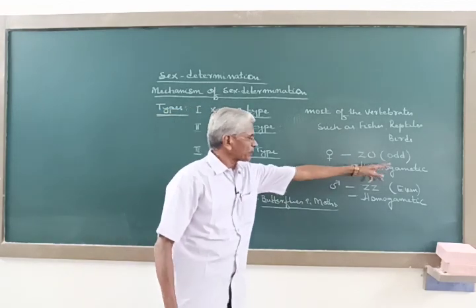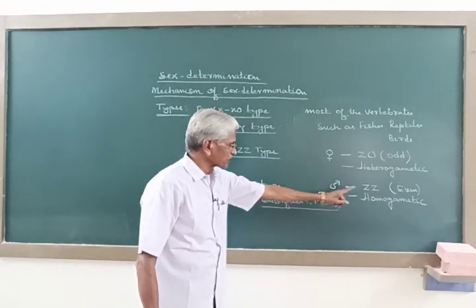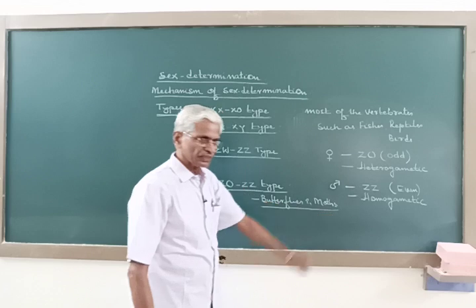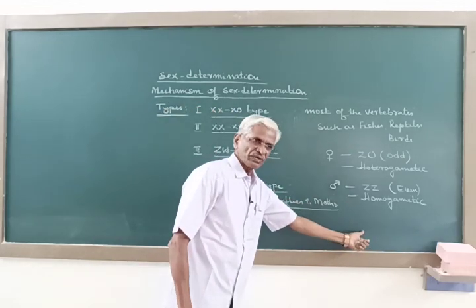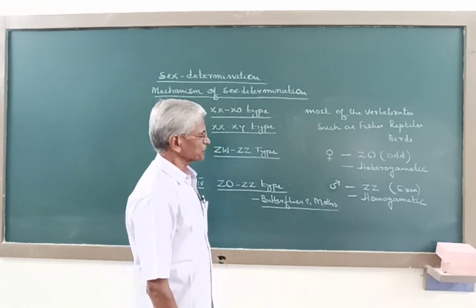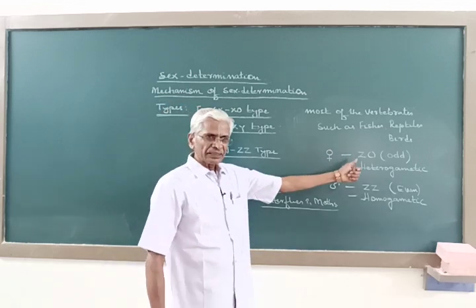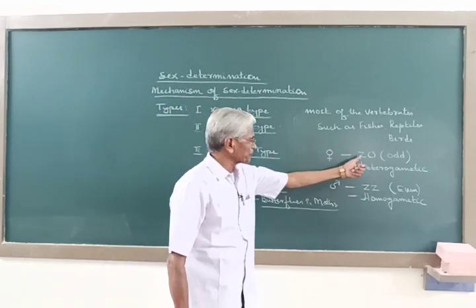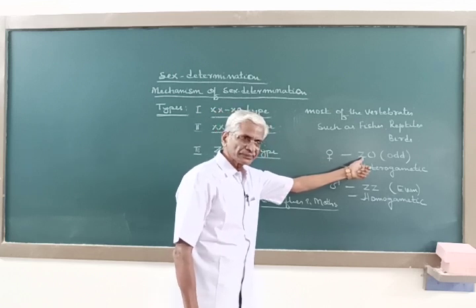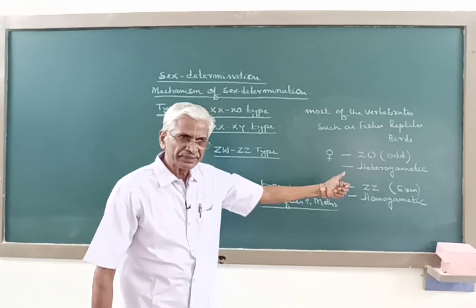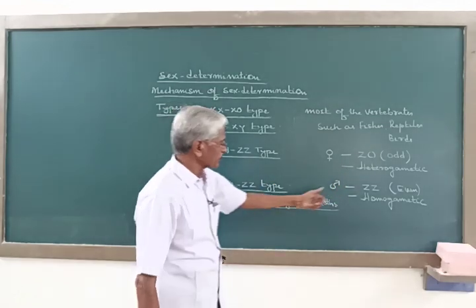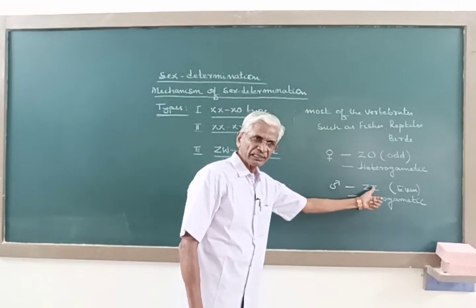Hence, female always has odd number of chromosomes and the male has even number of chromosomes. Now here, when an offspring is produced, if it is produced by the fusion of sperm with Z chromosome and egg with the Z chromosome, the offspring will get two Z chromosomes, then the sex will be male.